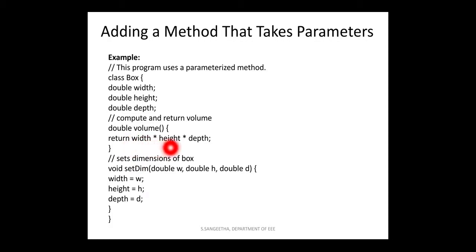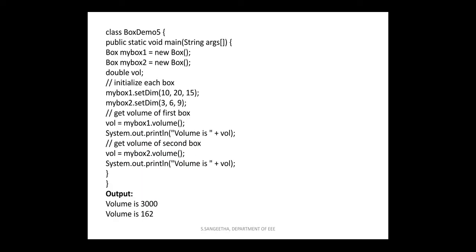Next you have to set the dimensions of a box by using void setDim with double w, double h and double d. So width is equal to w, height is equal to h, depth is equal to d. By using this code you have to set the dimensions of a box.